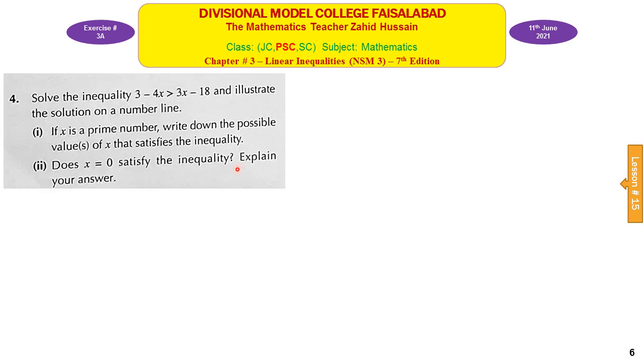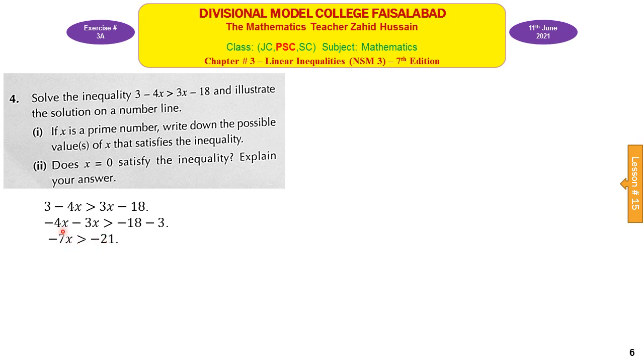Question number 4, again you are given an inequality. You are asked to solve this inequality and illustrate the solution on the number line. Solve this inequality by collecting all the terms with variable on one side and all the terms without variable on the right hand side. -4x minus 7x is greater than -18 minus 3. Simplifying, we get -7x greater than -20.